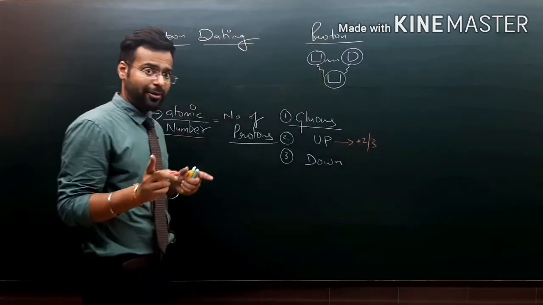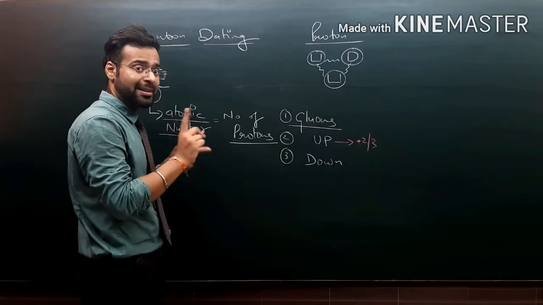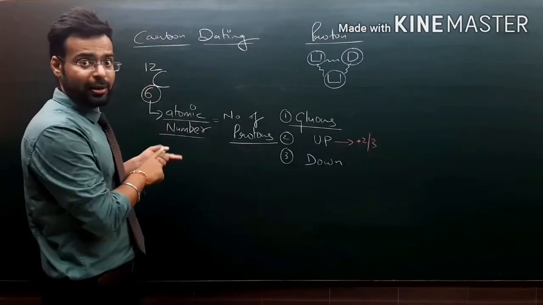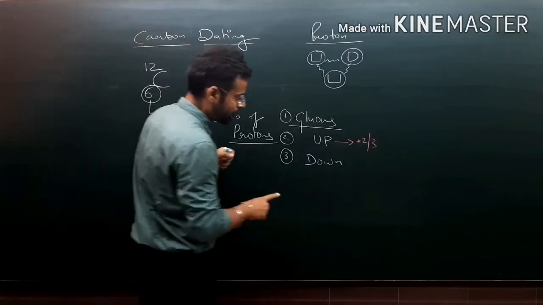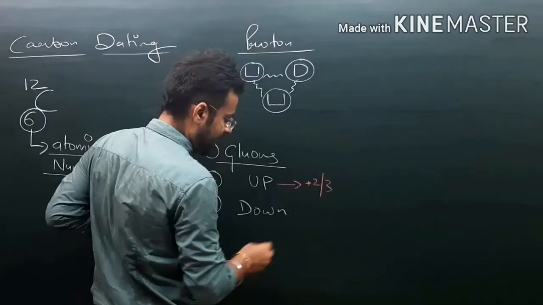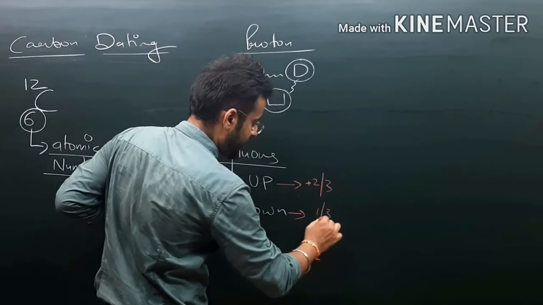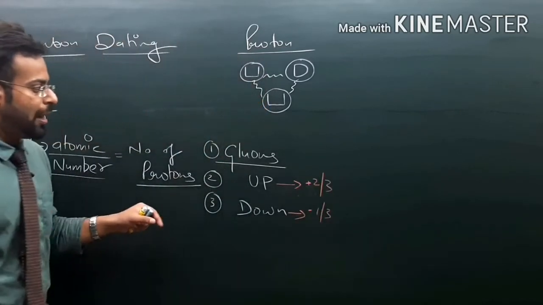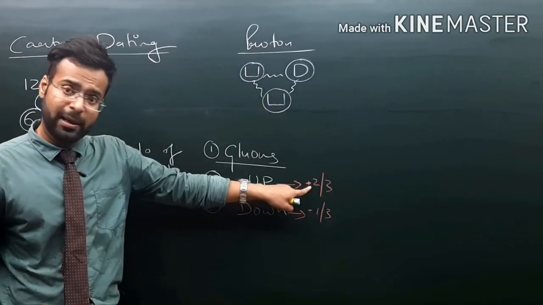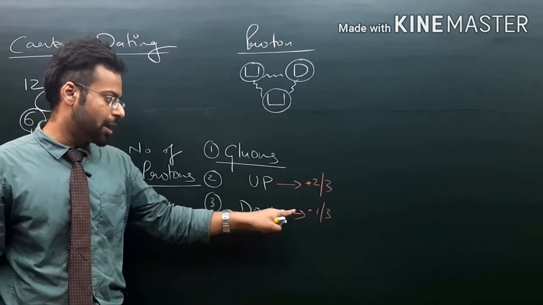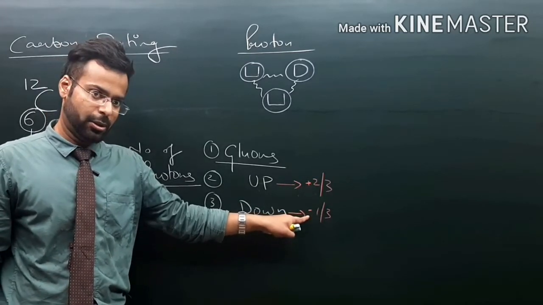Now, why I'm discussing this kind of chemistry, this will help you know what exactly is happening with the carbon dating. So, pay attention. So up is plus 2/3, and down, my dear friends, is 1/3 in negative.